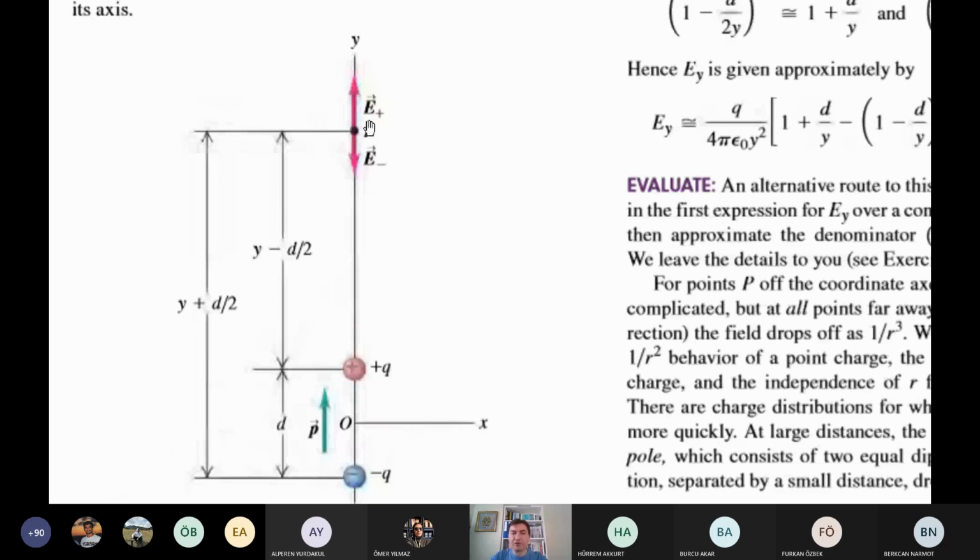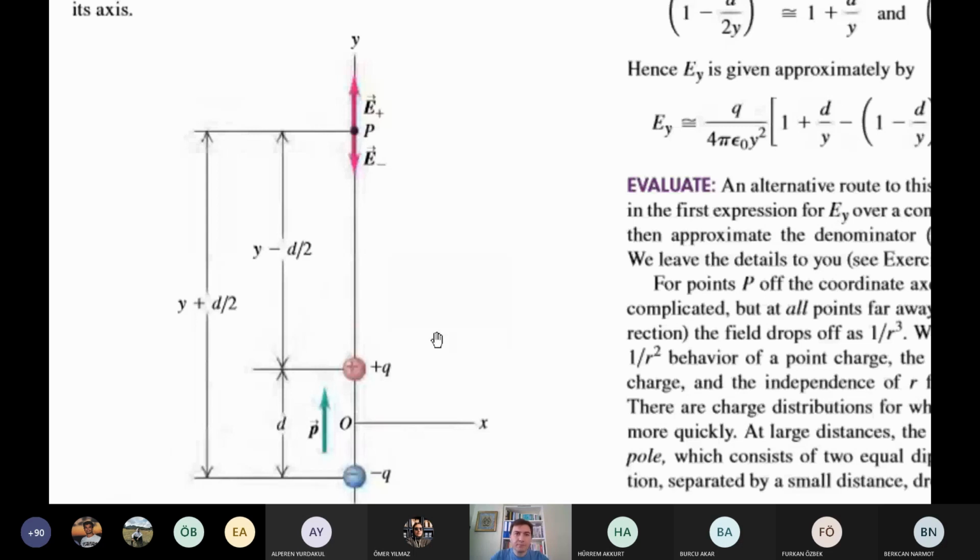Look at the distance. So you can easily expect that the electric field due to the positive charge will be larger than the electric field due to the negative charge because there's a distance difference in between, okay? And this distance is given with this expression: for the negative charge, y plus d half, for the positive charge, y minus d half, okay?